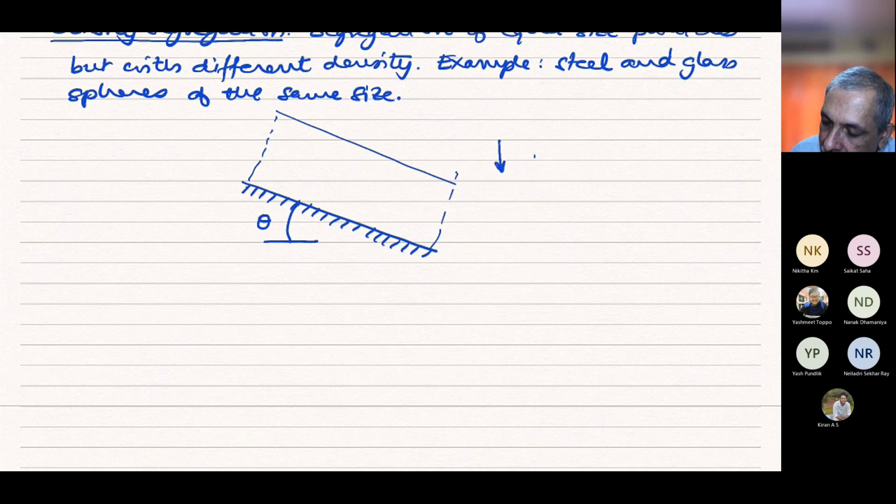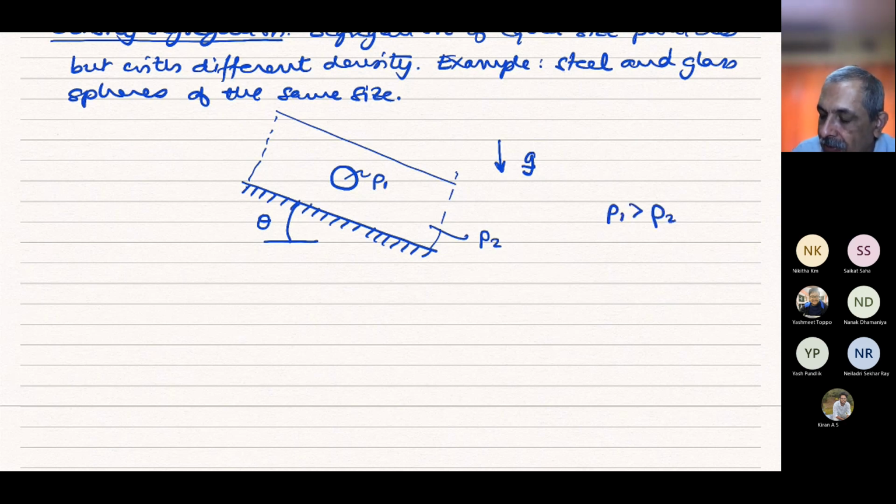Here is your gravity vector. I'm going to consider only one particle flowing in a sea of all the others. I'm not drawing all the other particles, but all the particles are of equal size. Let's say that this one has a density ρ1, and the other particles, which I'm not drawing, have a density ρ2, such that ρ1 is greater than ρ2.